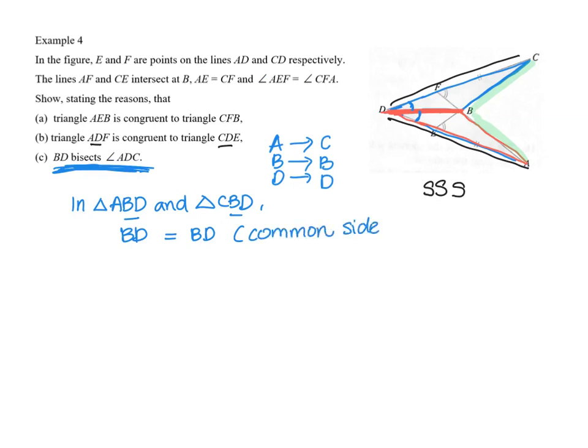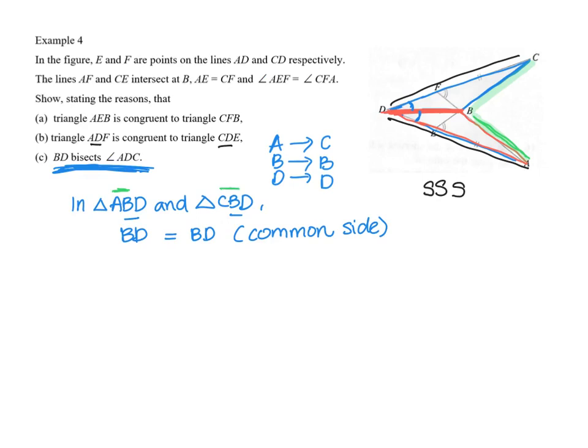Side. I can have another length and measurement. This one over here, AB, should be equal to BC. Why is that so?